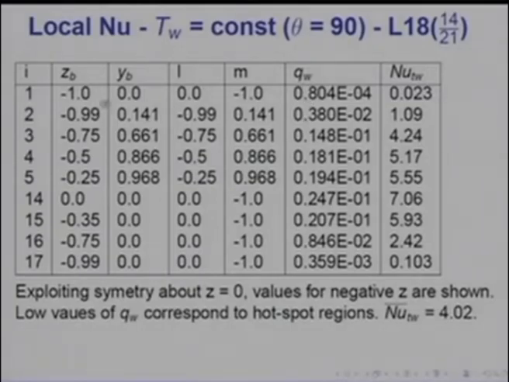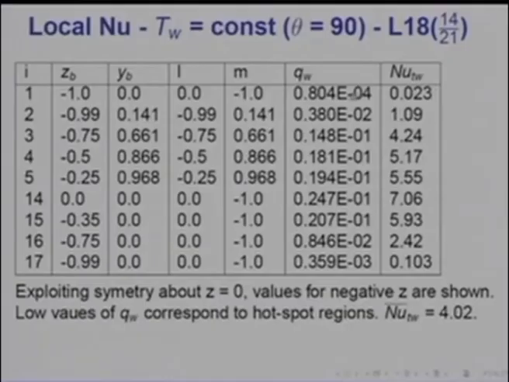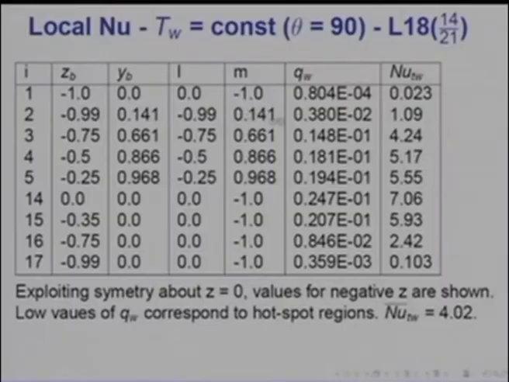Right at minus 1, 0, which means this point, the heat flux is very small. It goes on increasing as you go towards the top, as you can see here. 0, 0 is the topmost, and that is where it is 0.247.